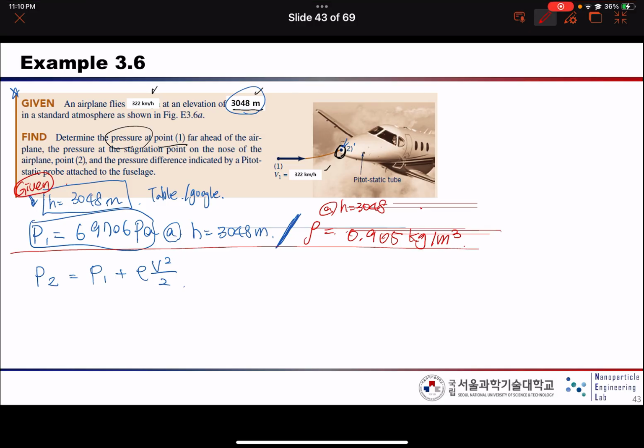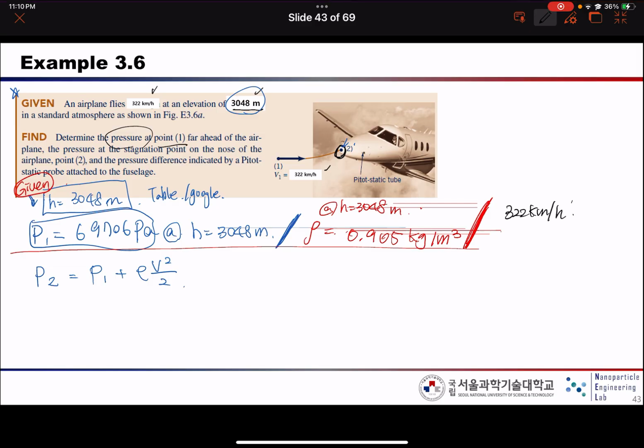You should find this in the table in the textbook, or search on Google. Another piece of information is 322 kilometers per hour.